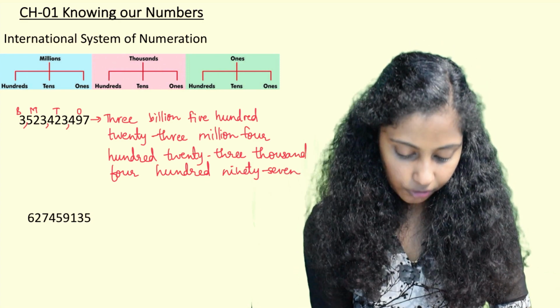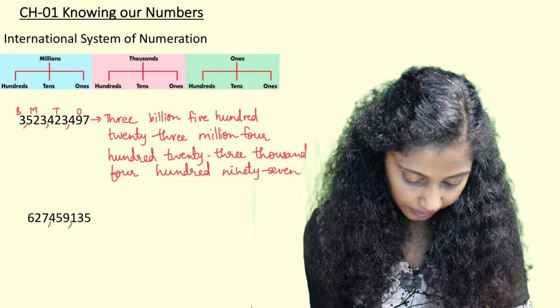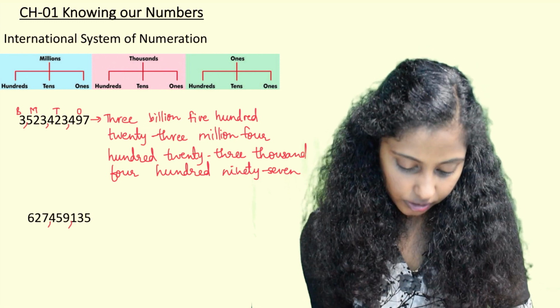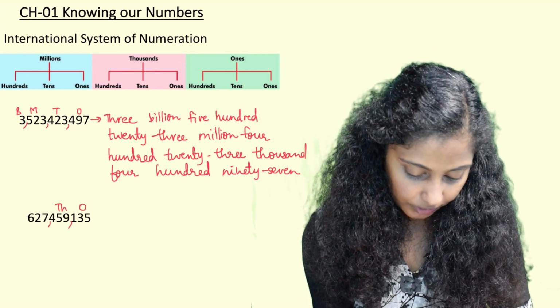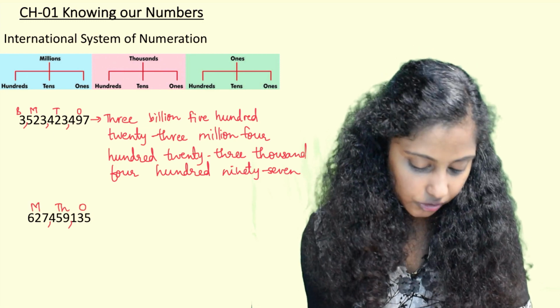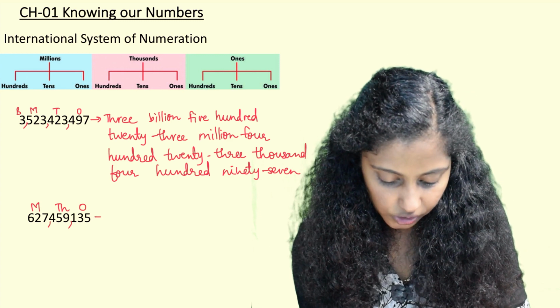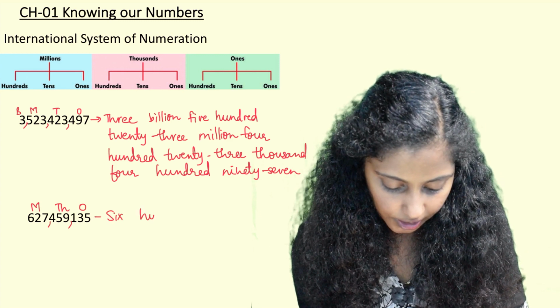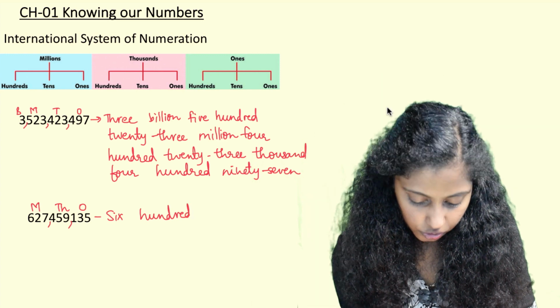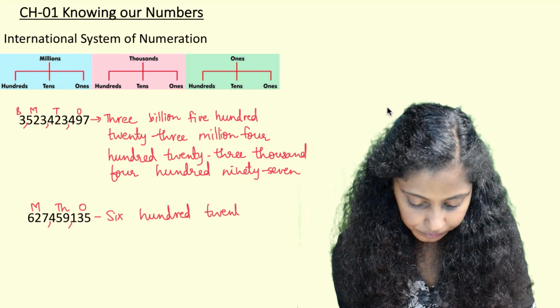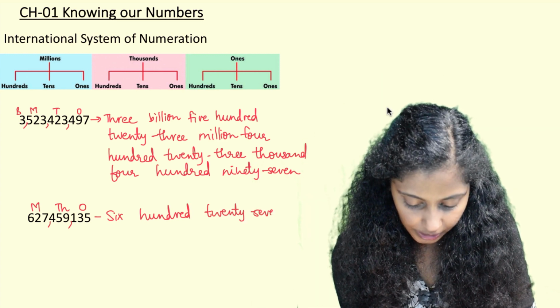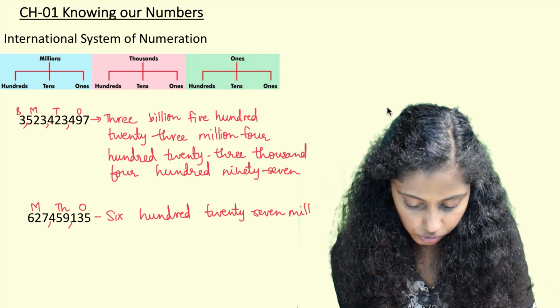Now next again groups of 3, 3 and 3. This is the ones group, this is the group of thousands, this is the group of millions. In millions we have 627, so that is 627 million. Then we have the group of thousands.